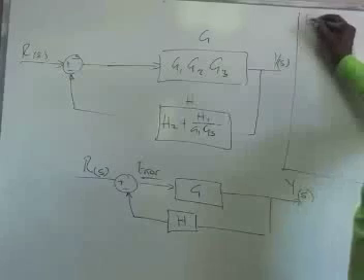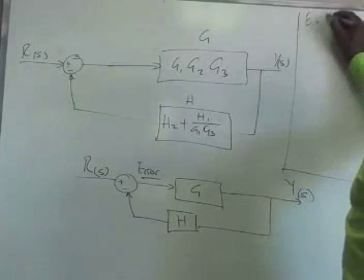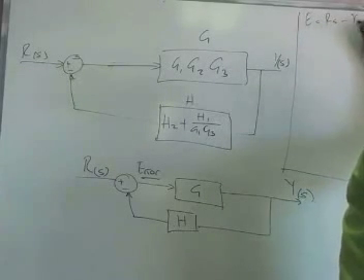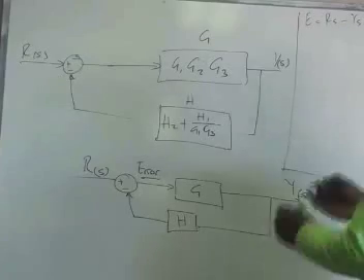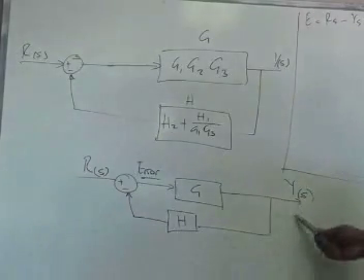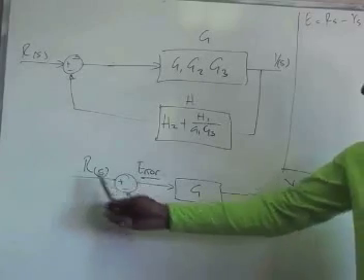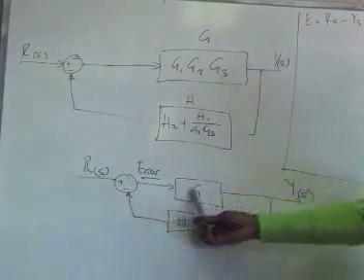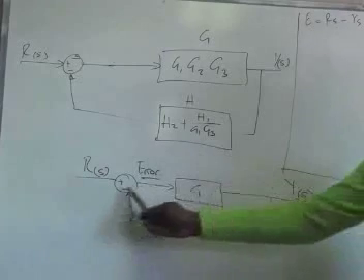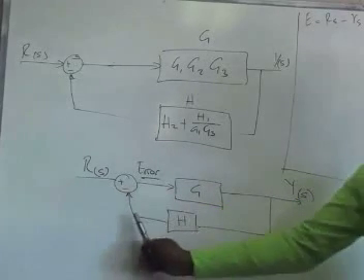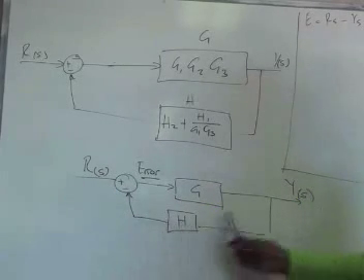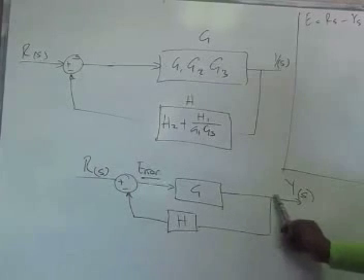Error is equal to R(s) minus Y(s)H(s). In this case, we are saying the signal here, we can see R(s) is coming positive, and we are subtracting the signal coming from the other side. What is coming from the other side? We are picking Y(s) here.